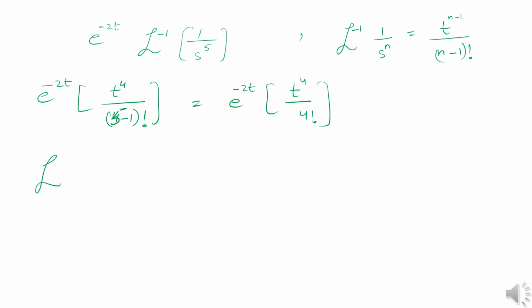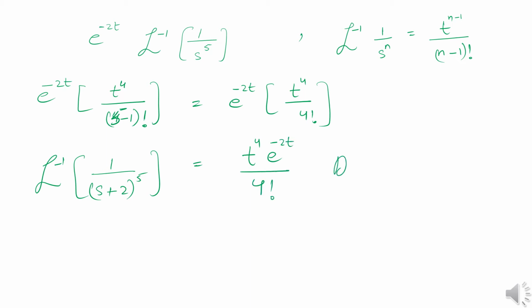So the Laplace inverse of 1 over (s plus 2) whole to the power 5 is simply t to the power 4 e raised to the power negative 2t divided by 4 factorial. That is the answer for this question.